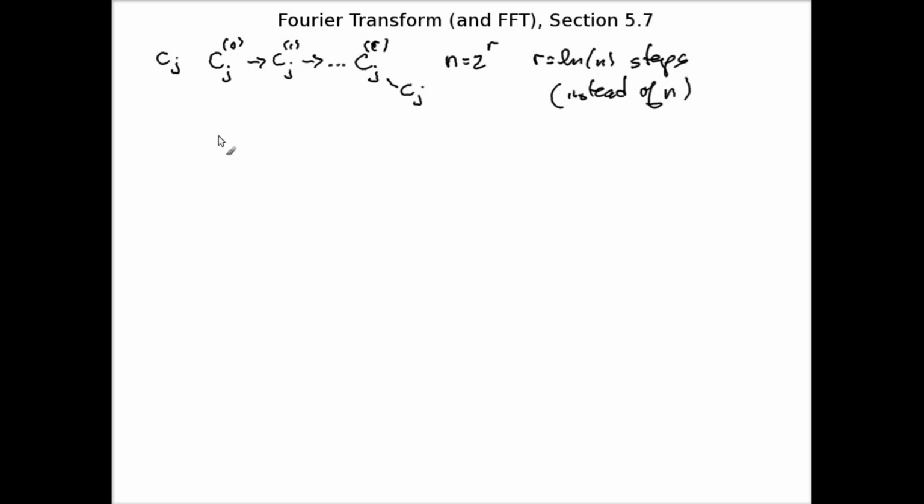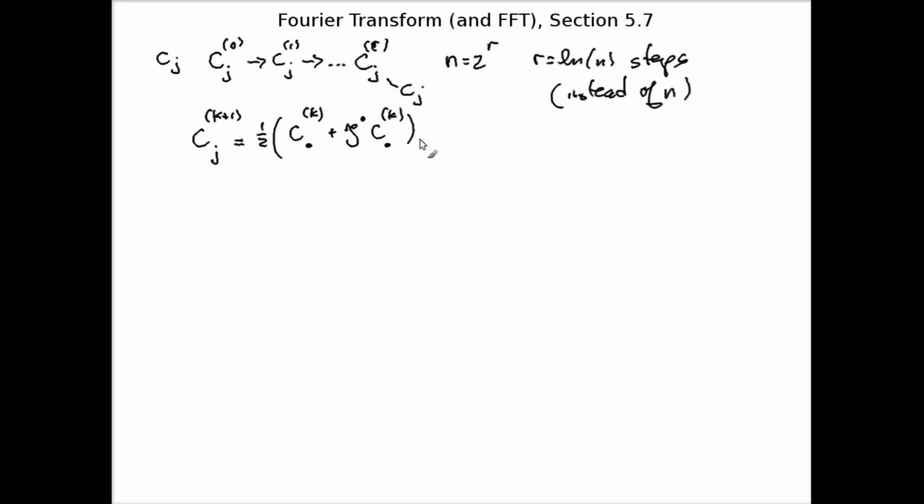But in any event, I'm not going to write down the precise formula, but it's of the following form. Each c^(k+1)_j is equal to 1/2 some c^k with some subscript plus some zeta to the something times c^k with some other subscript.